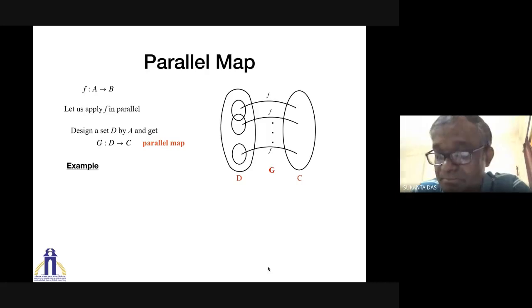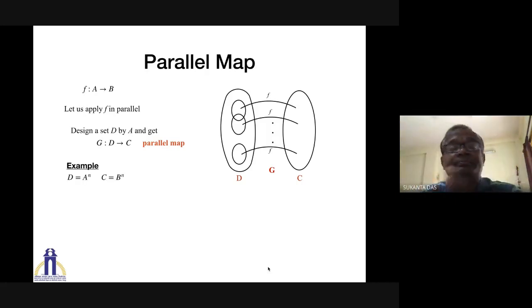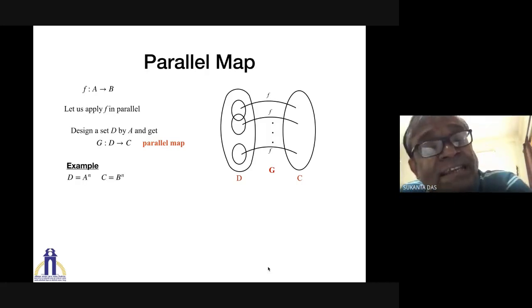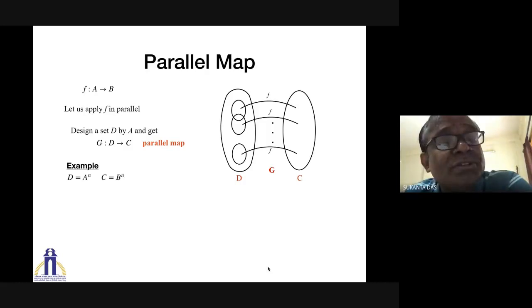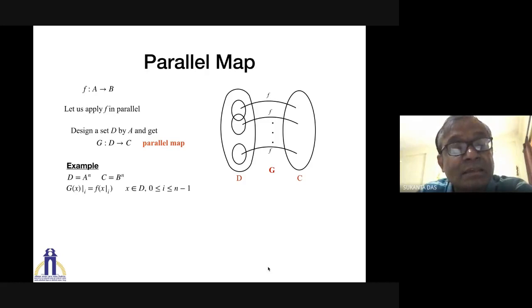Take an example. Suppose D equals A to the power n for some n. It is a natural number, right? In my course, in the whole course, when I say small n, if not defined otherwise, n is a natural number. Then suppose this is my G of x. How am I getting this G of x?